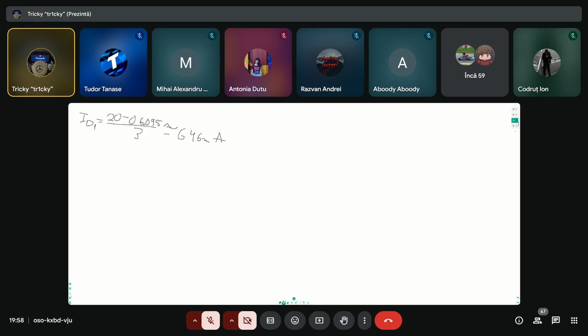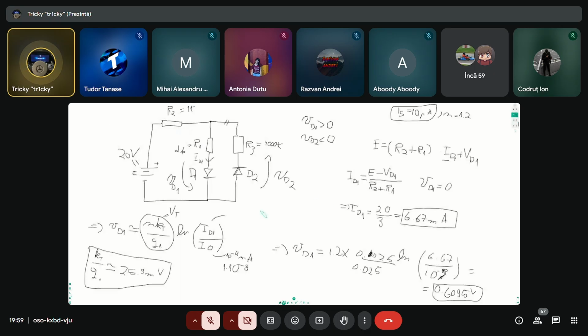Good, perfect. So what do we have to do now? So even though we said that the last branch, this one over here is cut off, we still have to calculate VD2.